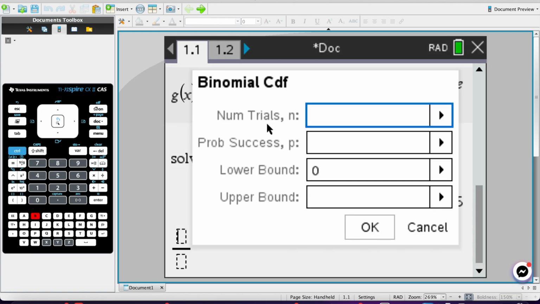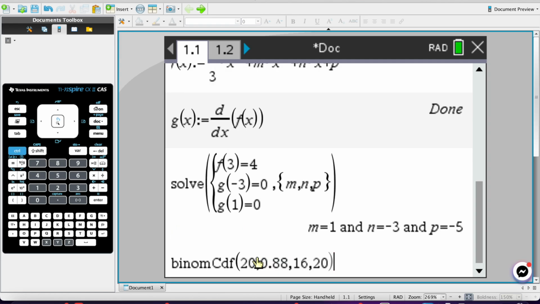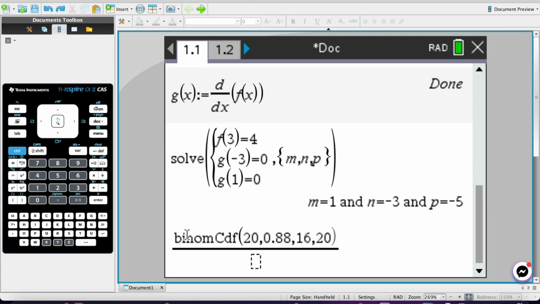The number of trials is 20, and p is 0.88. Our lower bound is 16, and the upper bound is 20. And then on the denominator, I guess we can just copy and paste this down, but just change that 16 to each answer option and see which one gives you that probability.